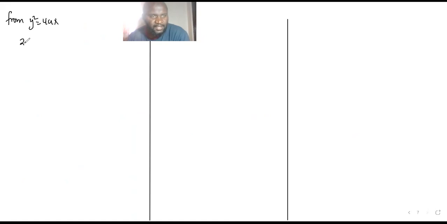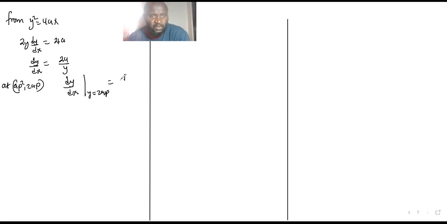So 2y of dy/dx is going to be equal to 4a. So dy/dx is equal to 2a out of y. So we can see that at this point, what shall we have? dy/dx, that is when y is equal to 2ap, this is going to be equal to 1 out of p.